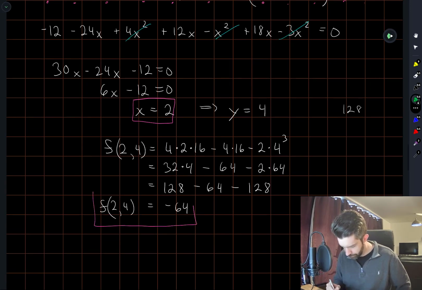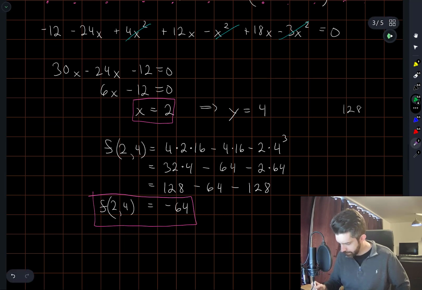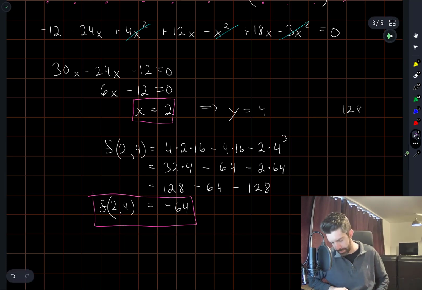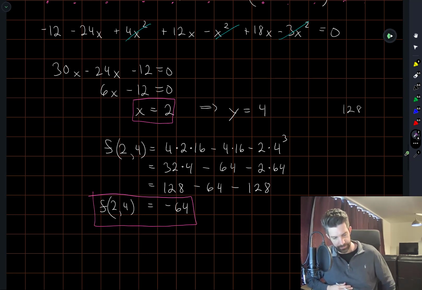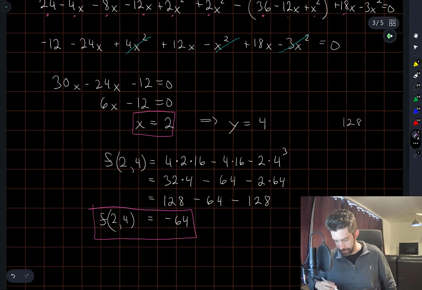Okay, so the value of the function at that point is equal to negative 64, which is clearly not going to be a maximum compared to what we had in the other one. This will be the minimum of our function. I'm pretty sure that this is all of the possible maximum and minimum values of f.